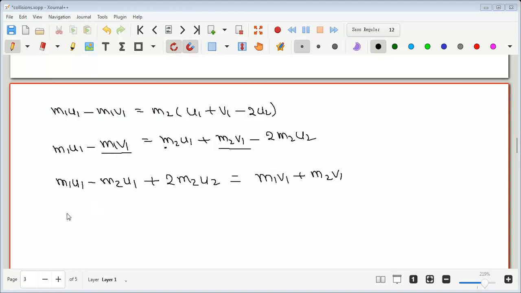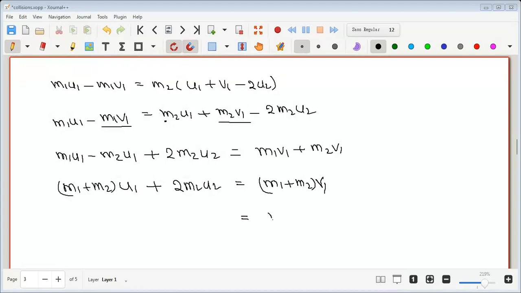Now simplify this equation: (m1 minus m2) into u1 plus 2m2 u2 is equal to (m1 plus m2) into v1.